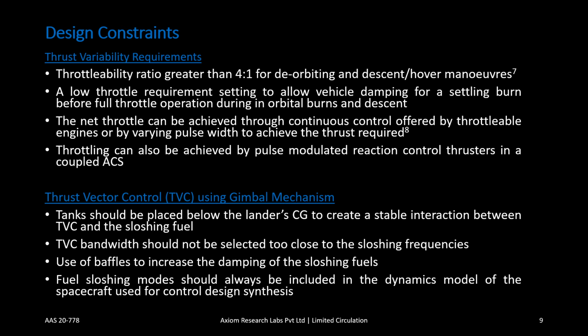For thrust vector control, TVC, using gimbal mechanisms, we have seen that systems with a higher L by D geometry tend to consider the TVC mechanisms, and considerations have to be there for maintaining the lander's tanks below the overall CG, and stability and control need to be very carefully studied.